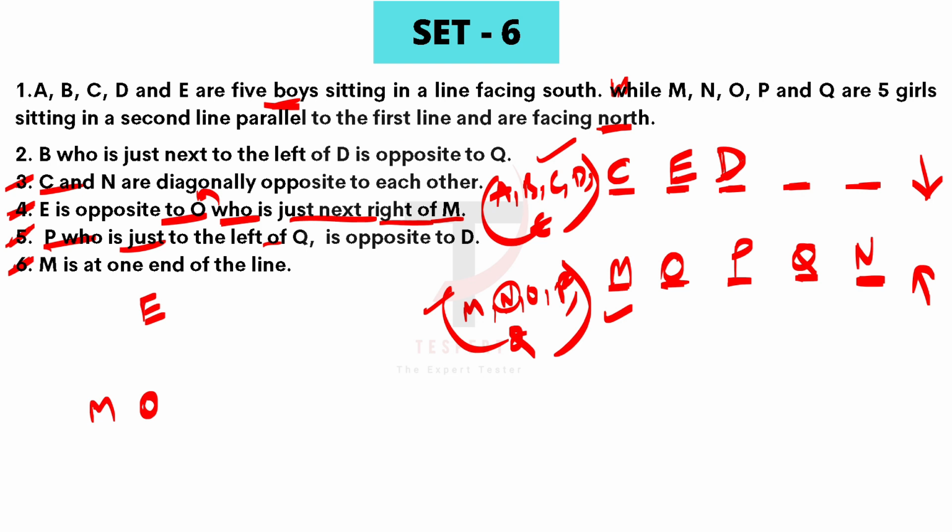So B is immediate left of D and is opposite to Q. Okay, so we placed B and B is also opposite to Q. The sentence is not getting violated, and the only one who is yet to be filled is A. So this is the solution. Hope you understood this. So let's move on to the final set.